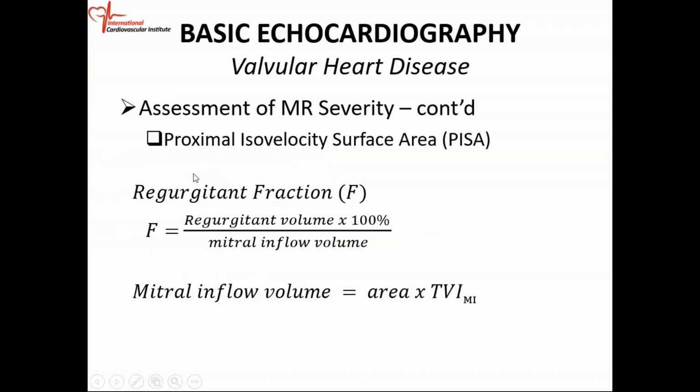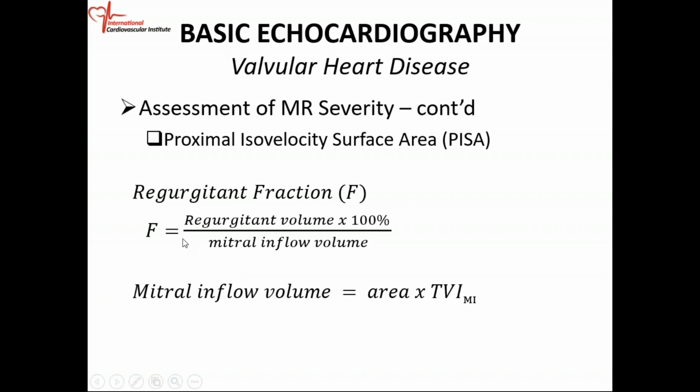To get the regurgitant fraction now, it is the regurgitant volume over the mitral inflow, because with regurgitation, you're going to get the blood going back into the left atrium, and then in diastole, the regurgitant volume plus the regular volume is going to go through the mitral valve.